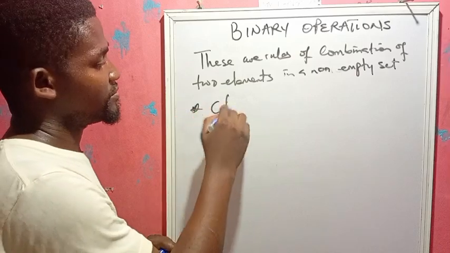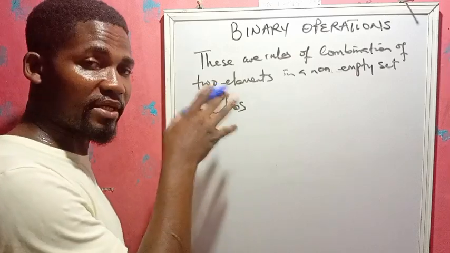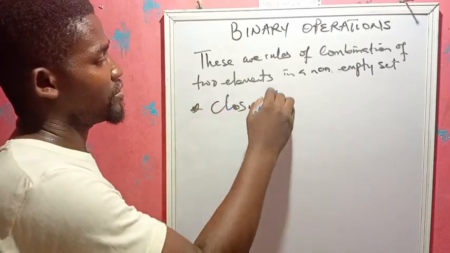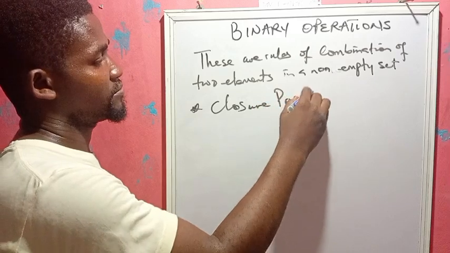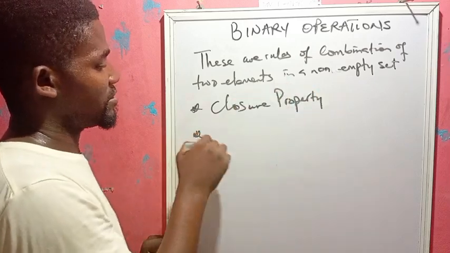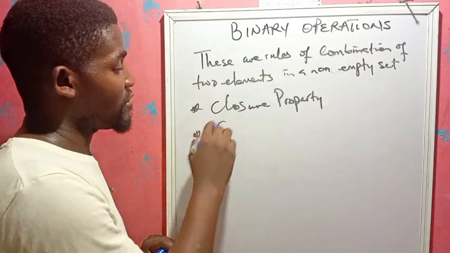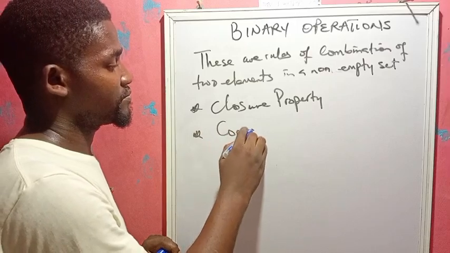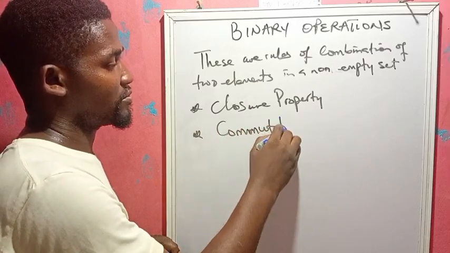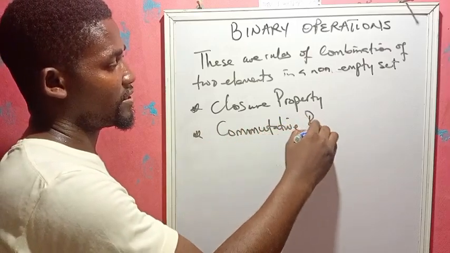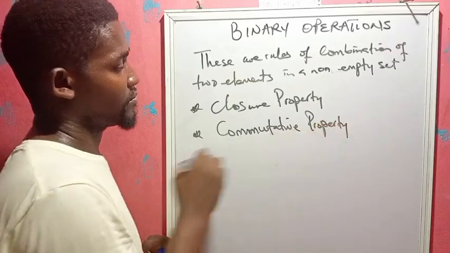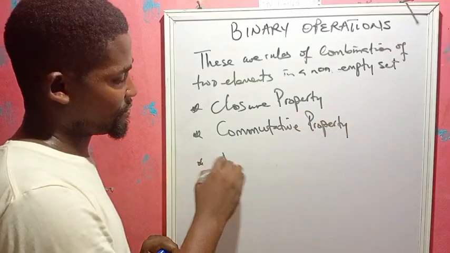Now we look at some terminologies under this topic and calculations. Under binary operation, we're looking at the closure property. We'll look at the next one, commutative property. There are some concepts under this topic that we need to understand. We have associative property.